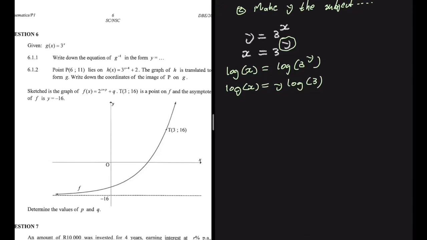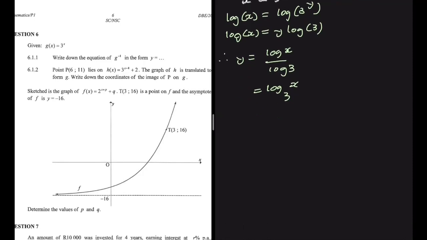If we do that, we're gonna therefore get y being equals to log of x divided by log of 3. We can write it nicely and say y is equals to log of x base 3, and that is the equation of G inverse in the form y is equals to. It's quite easy and straightforward.